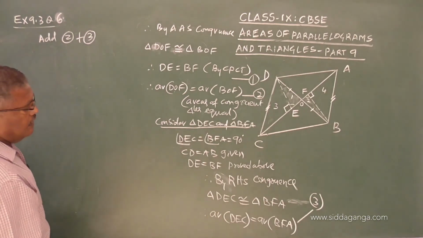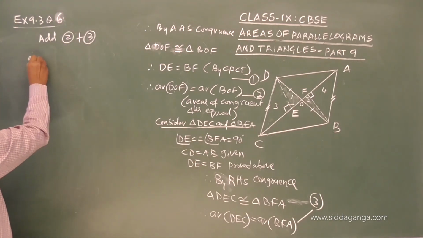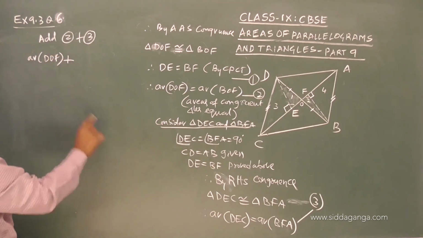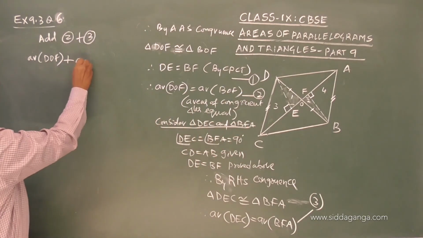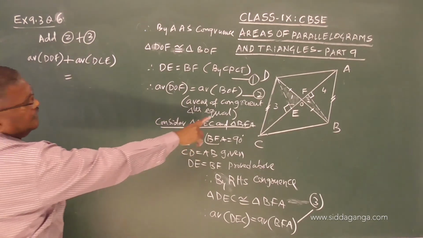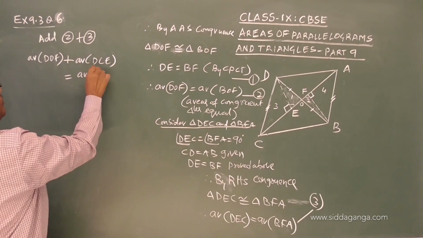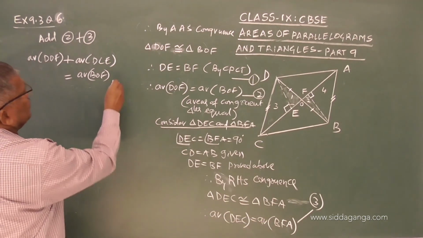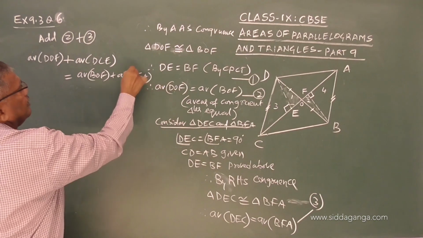So I am adding 2 plus 3: area DOE plus, left hand side of the other equation, area DCE is equal to area BOF plus, you can see, area BFA.